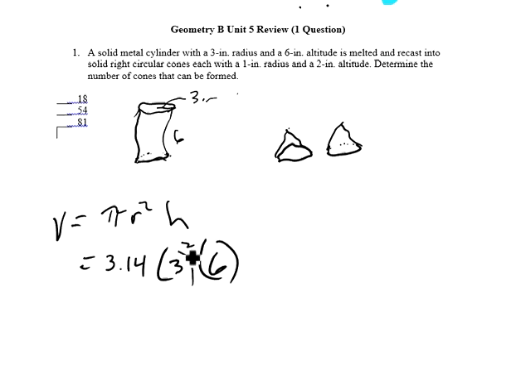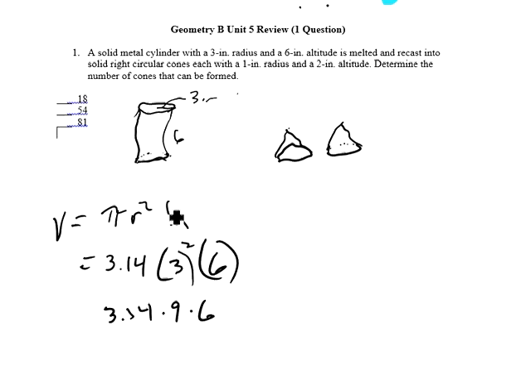So if we do that math, we're going to have 3.14 times 9 times 6. And I know 9 times 6 is 54. I have to break out my calculator, I just use my phone. It seems to work all right.